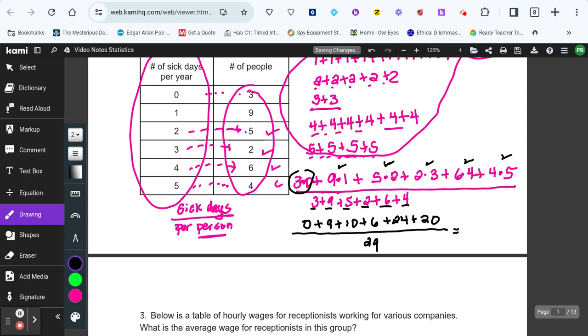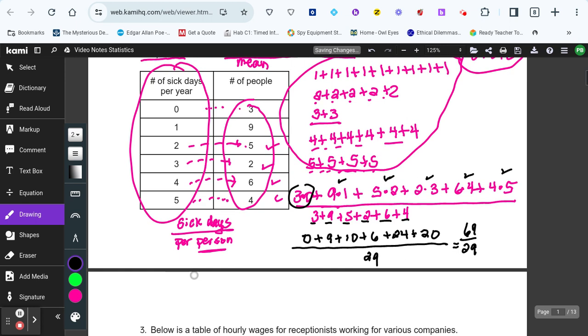On the top, 0 plus 9 plus 10 plus 6 plus 24 plus 20 is 69. So I got 69 divided by 29.